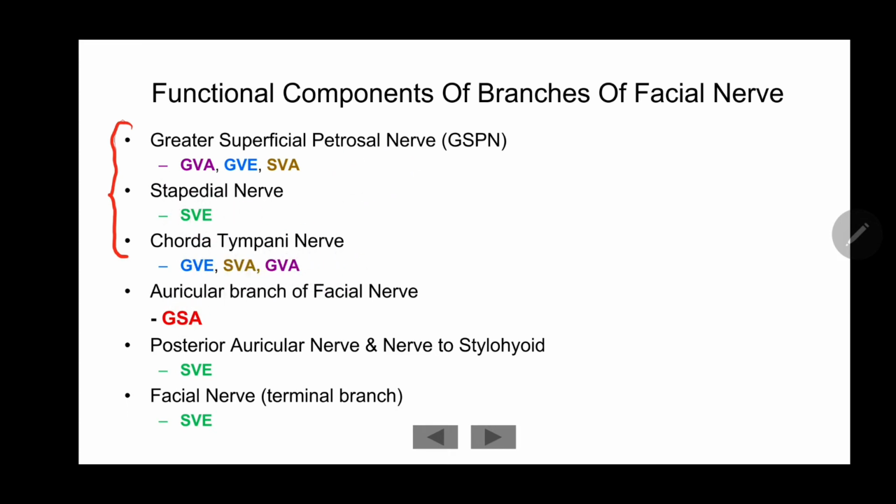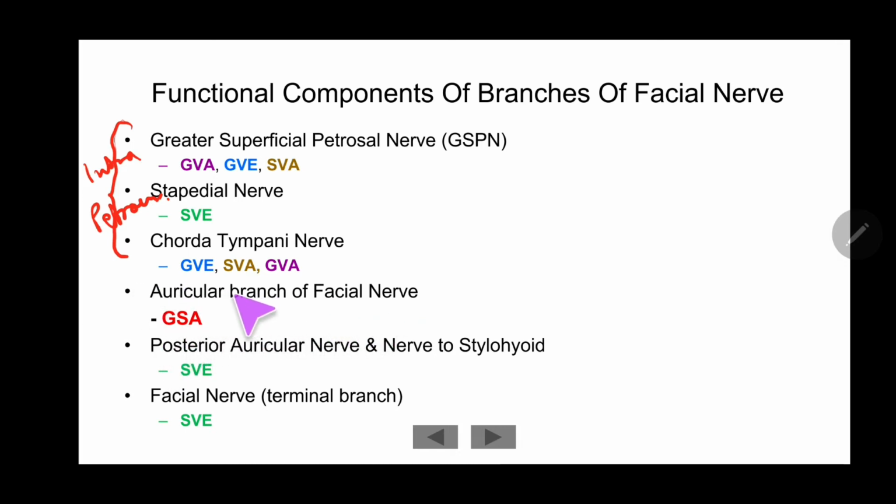Got it? So that's about the intrapetrous branches. Now I'm talking about the auricular branch of the facial nerve.